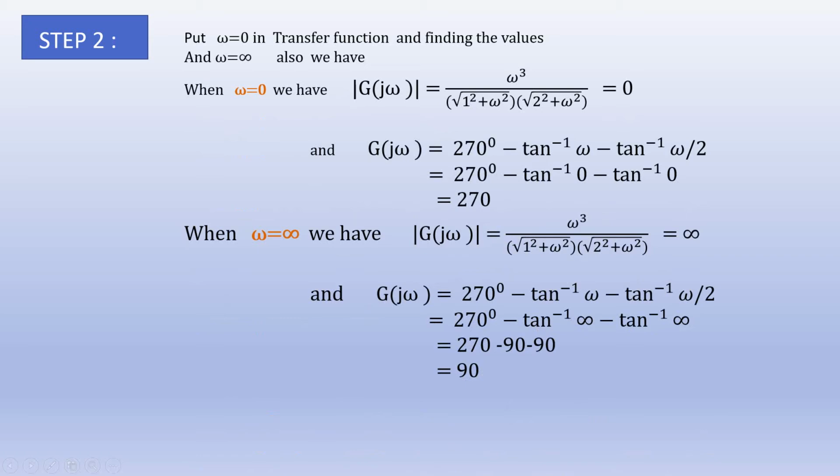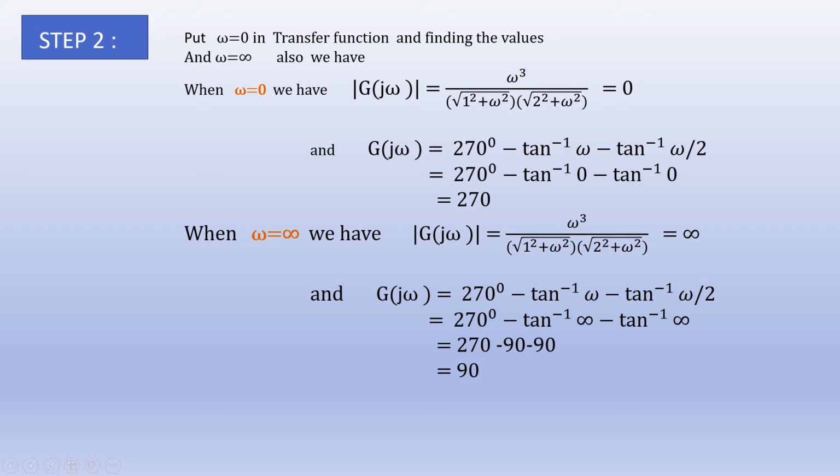If we substitute omega equal to 0 in this corresponding magnitude, then the magnitude of this frequency response would be 0. And if we find out the angle, if we substitute omega equal to 0, we have 270 degrees as our phase. So we found out at omega equal to 0 our magnitude is 0 and angle is 270.